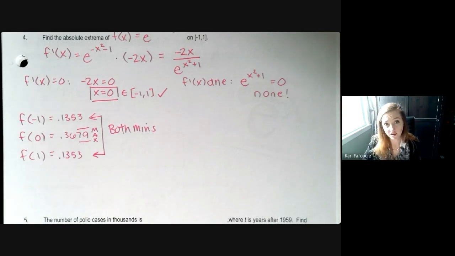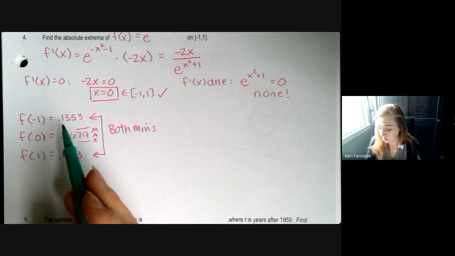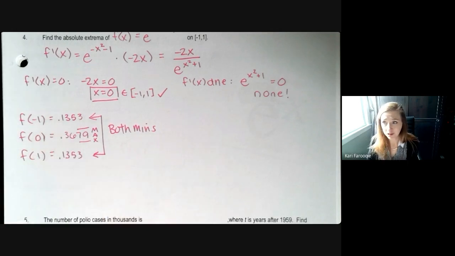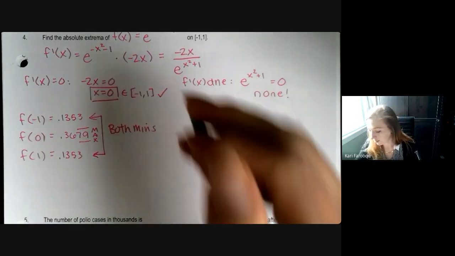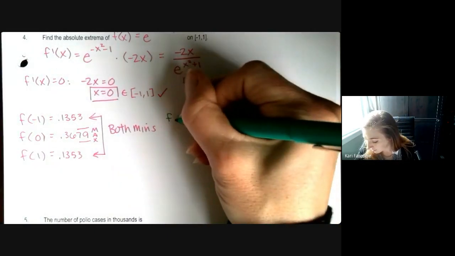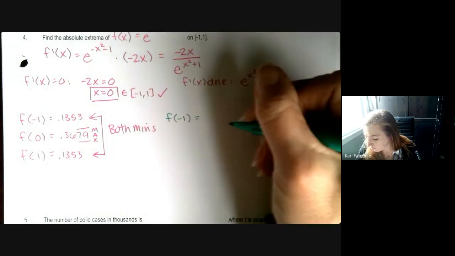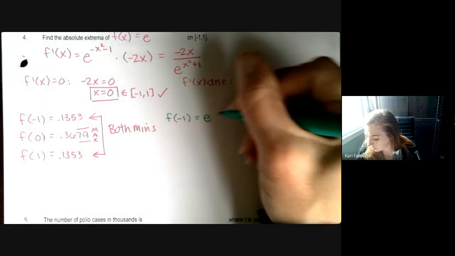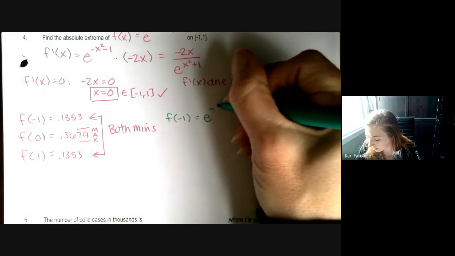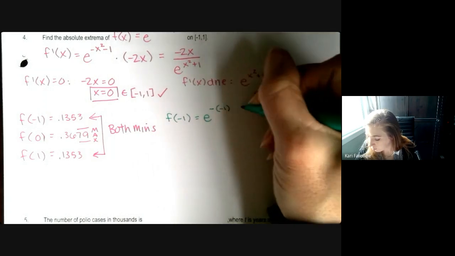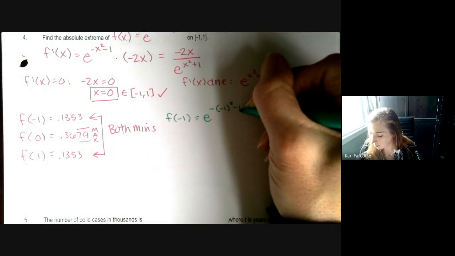The reason it's nice to put these in our calculators is because in order to compare the numbers, we need to have decimal approximations. But if we're listing exact values, we actually have to go through and evaluate the function by hand. All right, so f of -1 is e to the -1 squared minus 1.